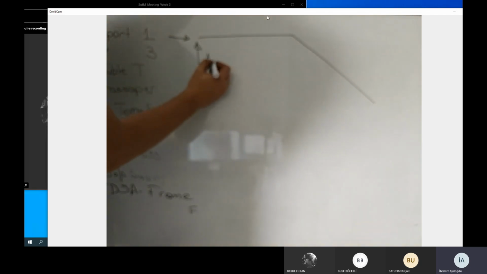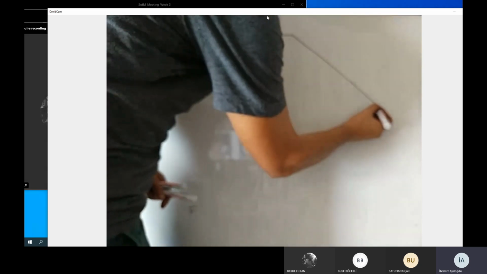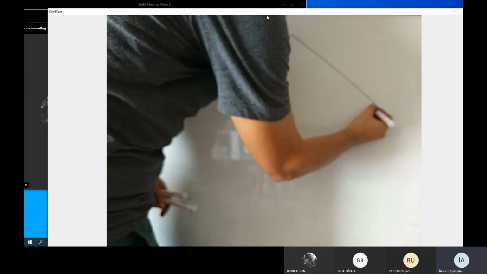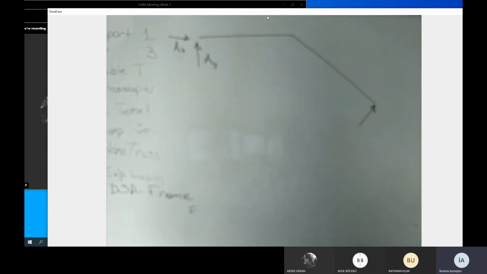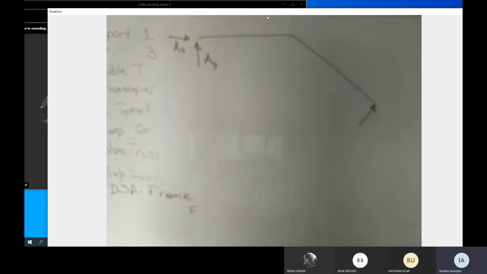I want to name them AY and AX. At point B, we have a roller support. The direction of the roller support is perpendicular to the roller, so it should make a small angle. You can find the angle value.